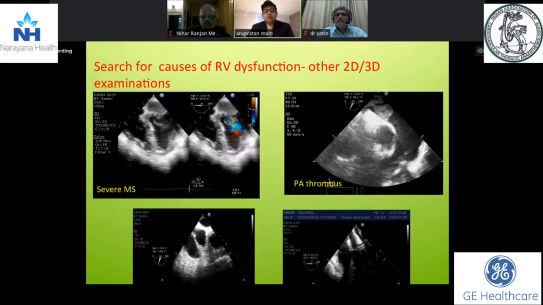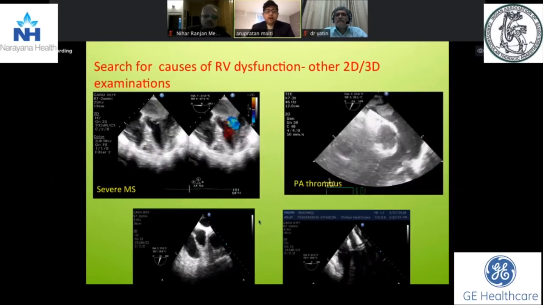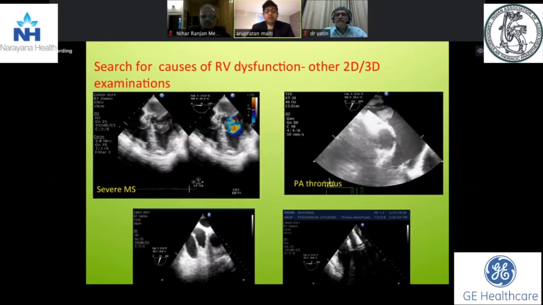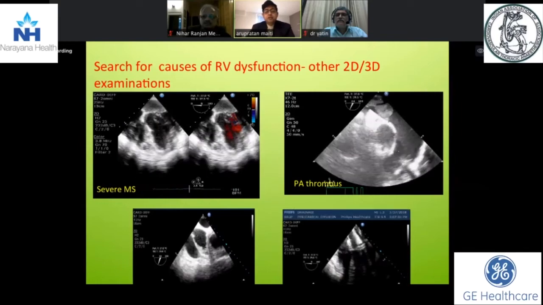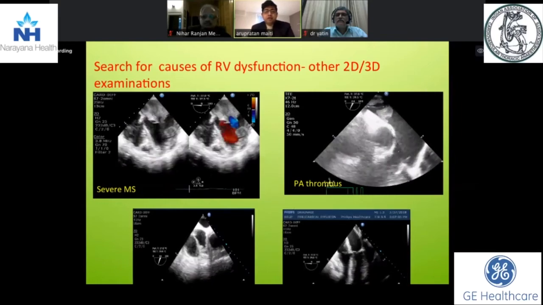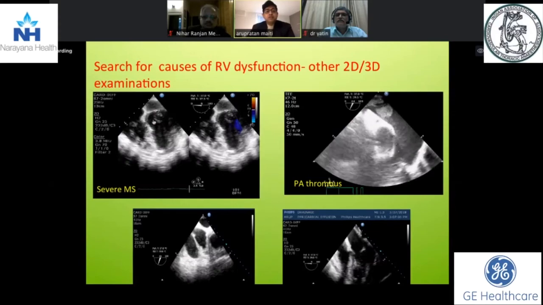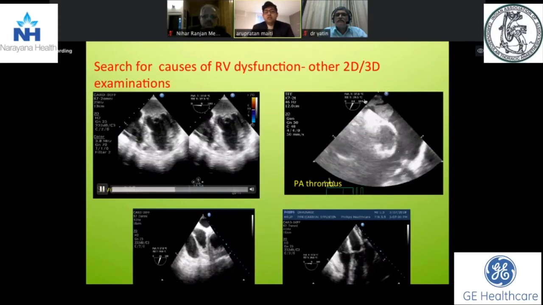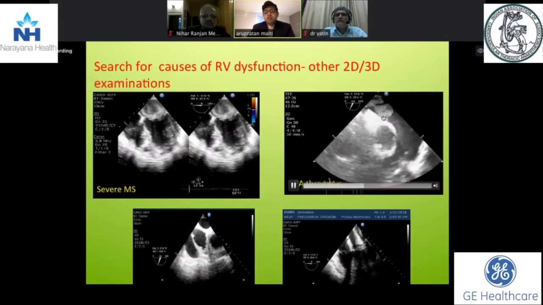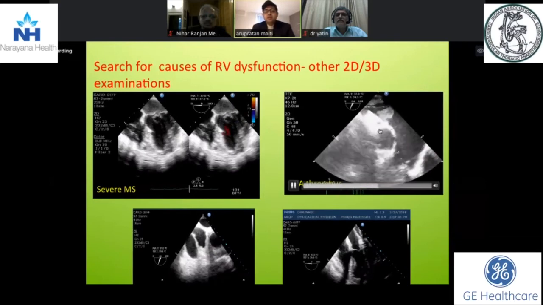Now, once you have found some RV dysfunction, you need to see the causes for RV dysfunction. So causes, you can see severe mitral stenosis. You can find some clots in the pulmonary artery, pulmonary thromboembolism.